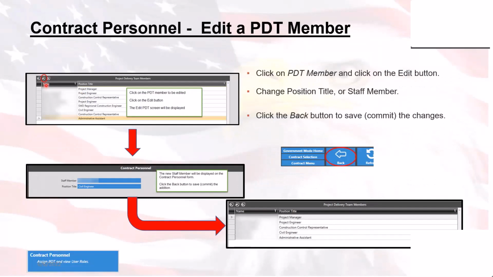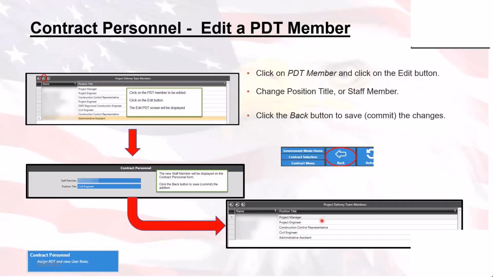All right, so on this screen right here, we have contract personnel. To get to this screen, just in case you're curious, you open up contract first, you go to administration, and once you're on administration, you go to contract personnel. The idea behind contract personnel is the ability to see who has what position title on the contract.